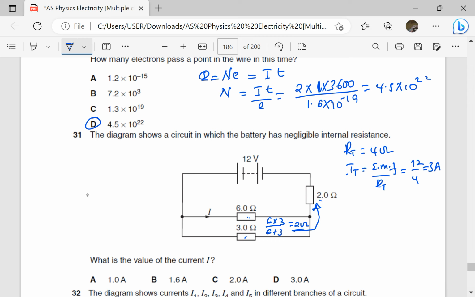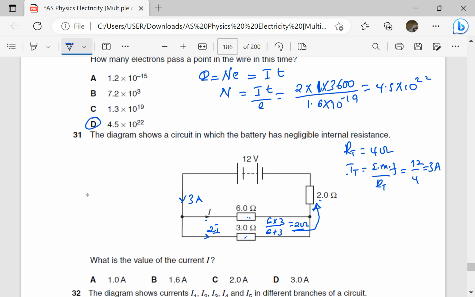It is the current which goes through 2 ohms. So the current coming here is 3 amperes, so it divides here. Note that 6 ohms is twice 3 ohms. If the current here is I, then the current here should be twice I. That is simple logic.